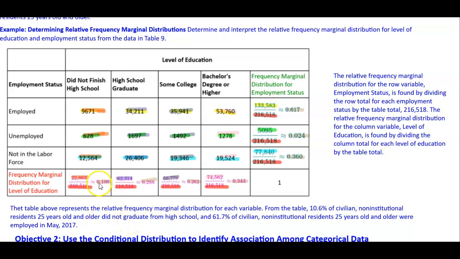Because if you look here, 0.106, if we convert that to a percentage, you move the decimal place to the right twice to give us 10.6. And then 61.7%, which is the employed status here. So 61.7% of civilian, non-institutional residents 25 years and older were employed in May 2017.